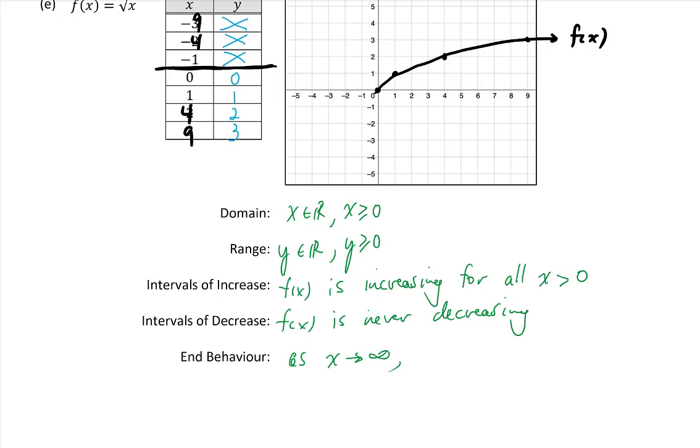We say as x goes to infinity, y goes to infinity. And we really can't define it in the negative direction because this function does not exist. So again, we don't worry about the end behavior where the function does not exist.